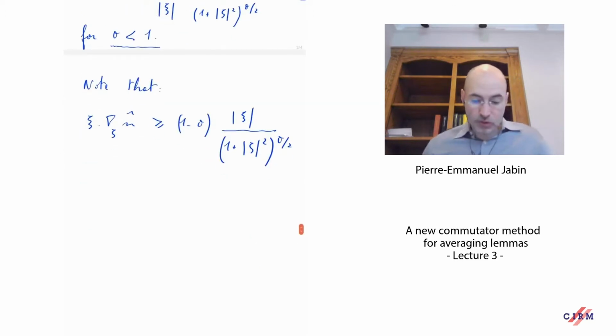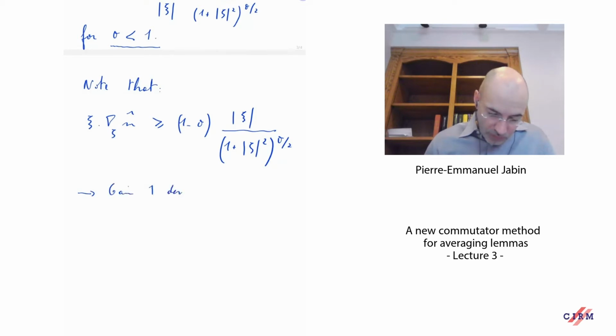All right, so the advantage here is that I gain one derivative in x at the cost of one derivative in zeta.